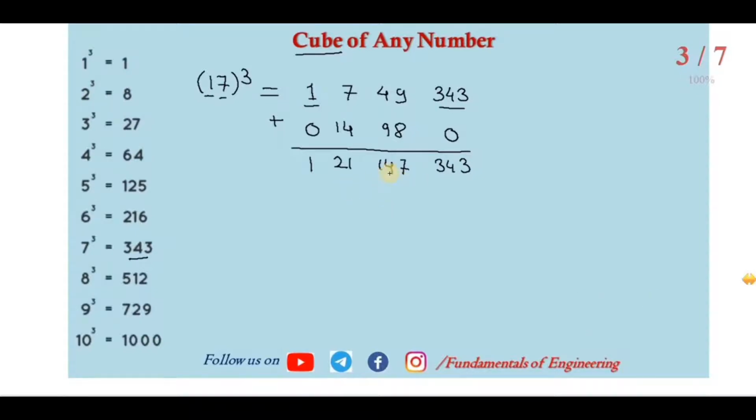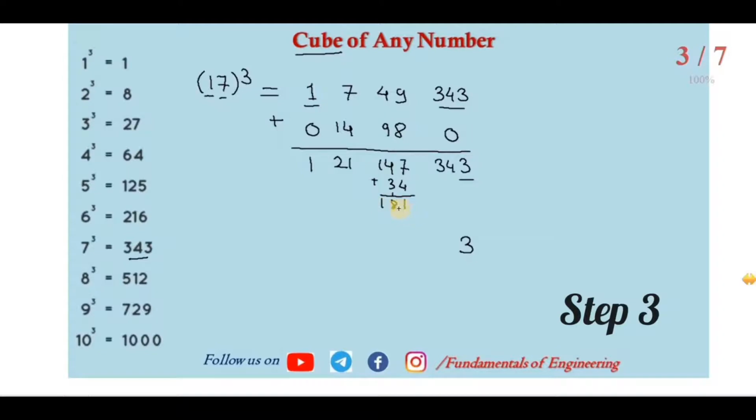Now the third step, where we get the cube directly. We have to take the last digit of every number. So 3 I have written, and the remaining is 34. Just add here. So 7 plus 4, what do we get? 11. Then 3, 4 plus 3, carry this one, 8 and 1.